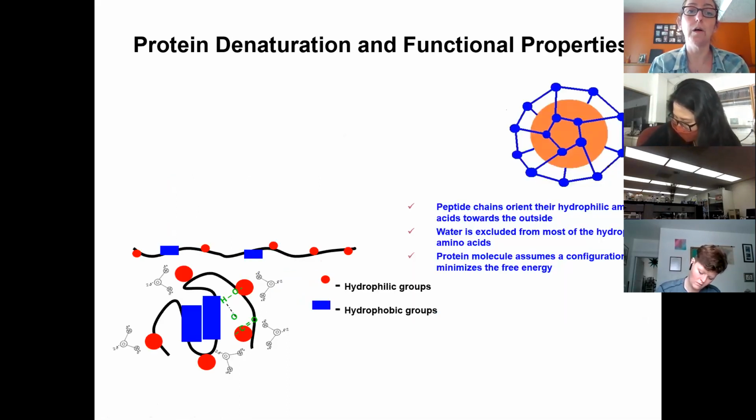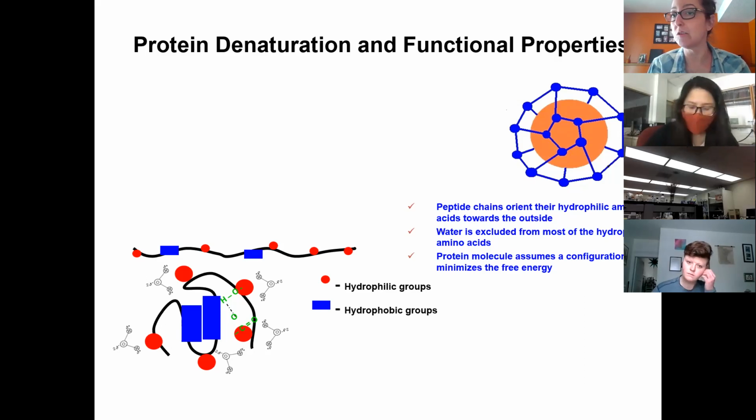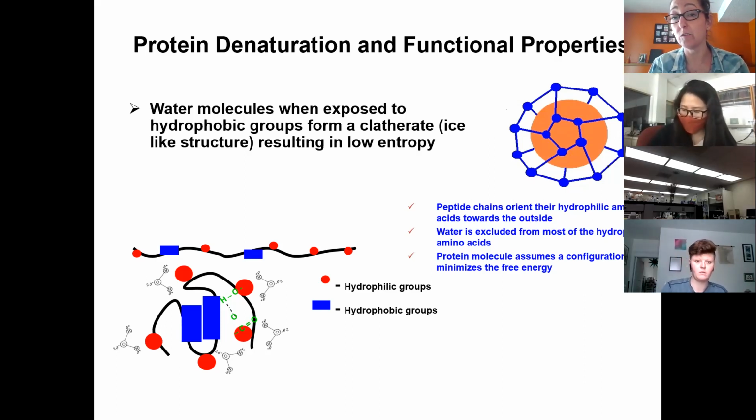So what happens when the protein is in its stable form? Usually in aqueous environments, your hydrophobic residues don't like to interact with water. If they are on the surface, the water molecules form a kind of ice-like structure around the protein.